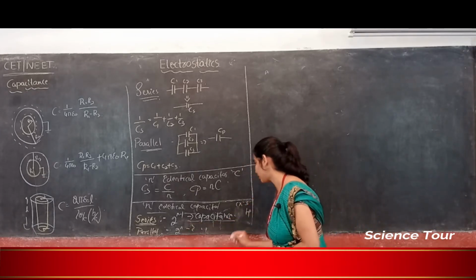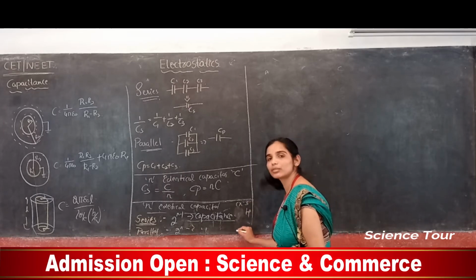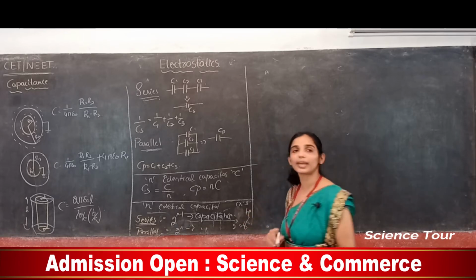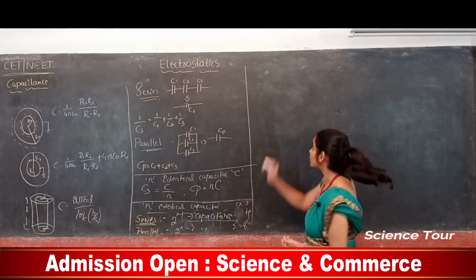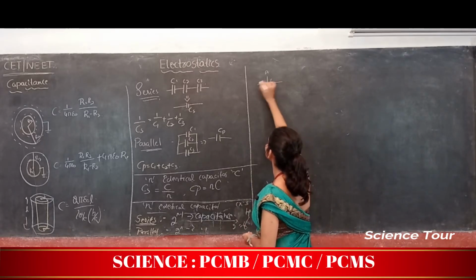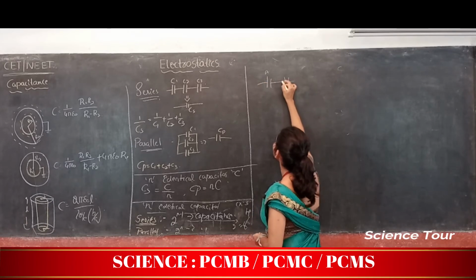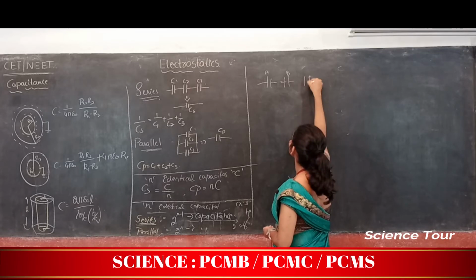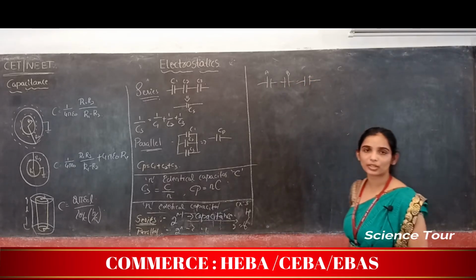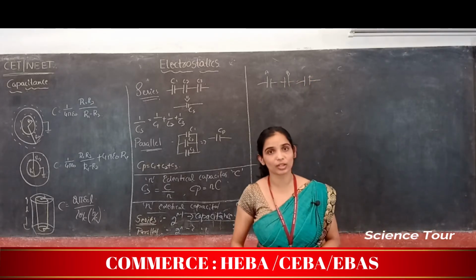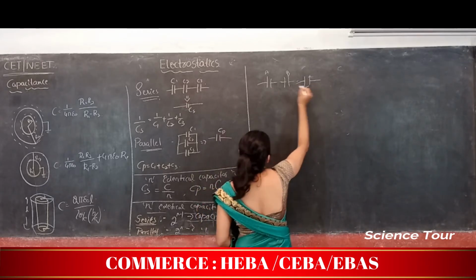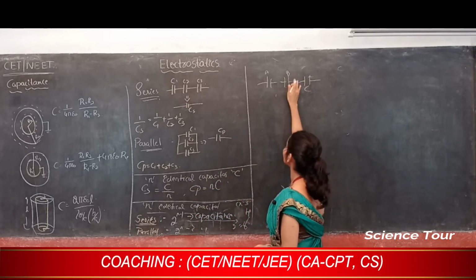2 to the power of n. 2 to the power of 3 is how much, students? 8. You can make 8 parallel combinations. So you have capacitors A, B and C. One is all the 3, connecting A, B, C in parallel.